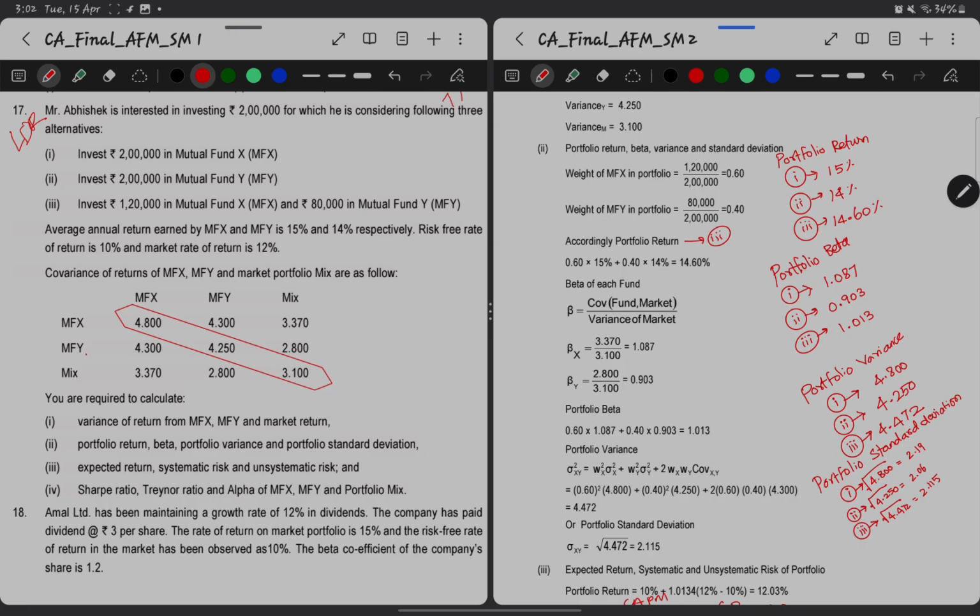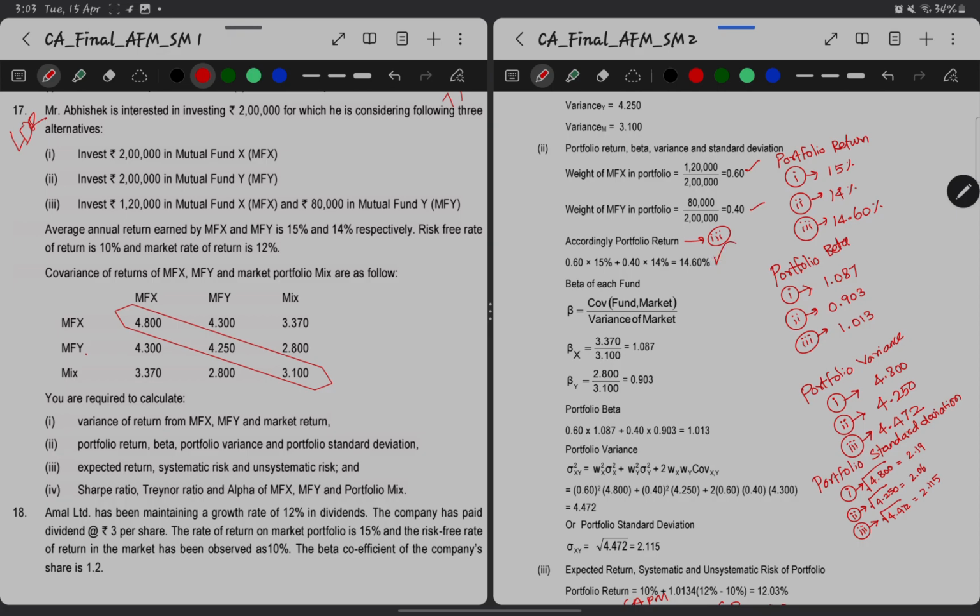In case of the third alternative, we have to calculate the portfolio return as a weighted average. So 1,20,000 divided by 2 lakh gives 60% weight, and 40% in case of mutual fund Y. Multiplying with the annual returns gives us the portfolio return for the third one.